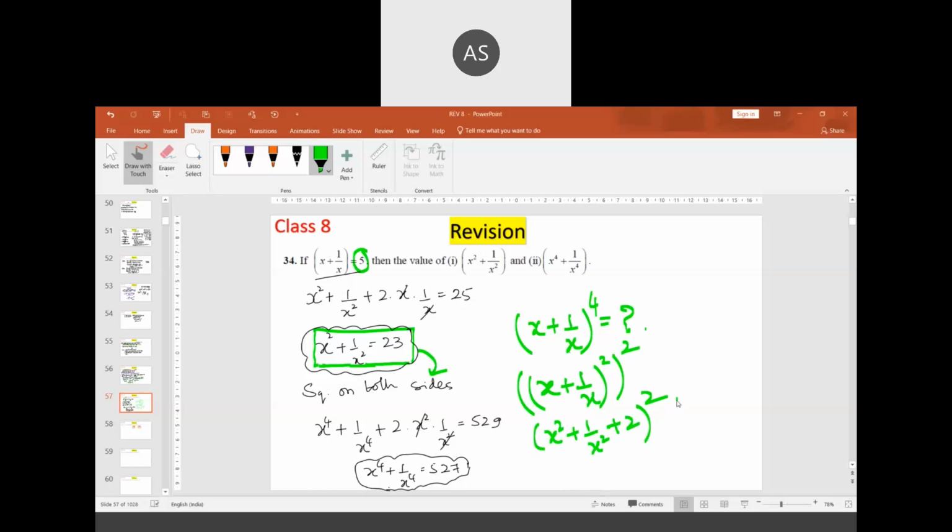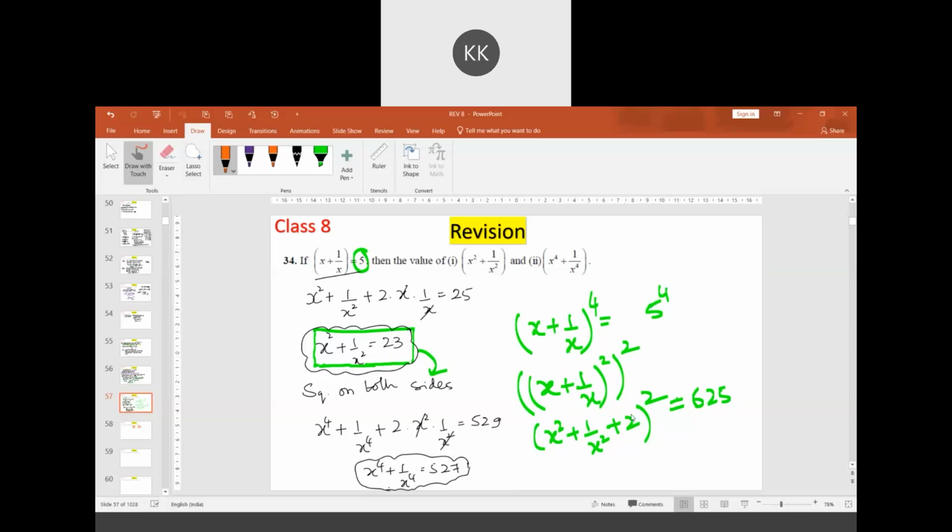Understood? This will be equal to 625, because 5 raised to the power 4 is 625, isn't it? Now if you expand again, you know how to expand this?